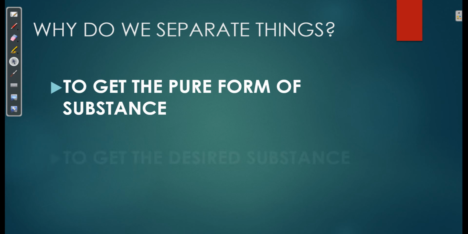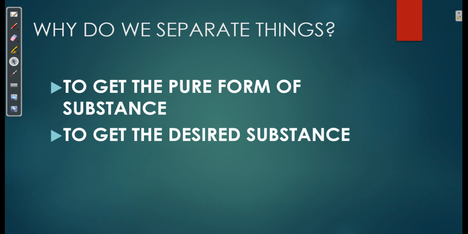Next is to get the desired substance. Imagine if you want to eat the same vegetable pulao with the entire rice and vegetables except the peas. You want the desired pulao, so you remove the unwanted thing so that you can get the desired substance.